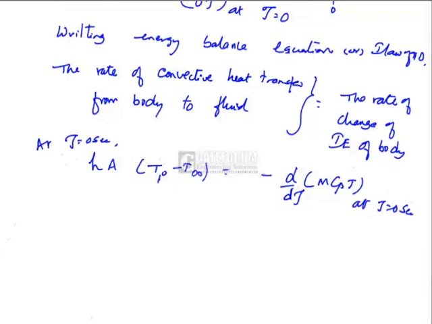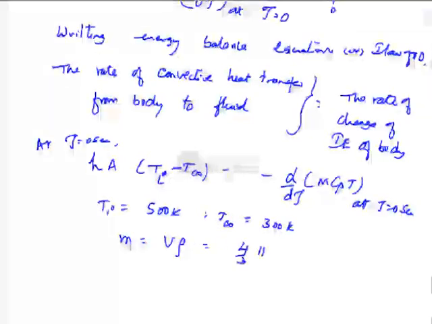Because I had written Ti on the left hand side, it means initially at tau is equal to 0 seconds the body has got an initial temperature of Ti. Here Ti is given as 500 K, T infinity is 300 K, mass is equal to volume into density, that is 4/3 pi r cube, the volume of the ball, into density.